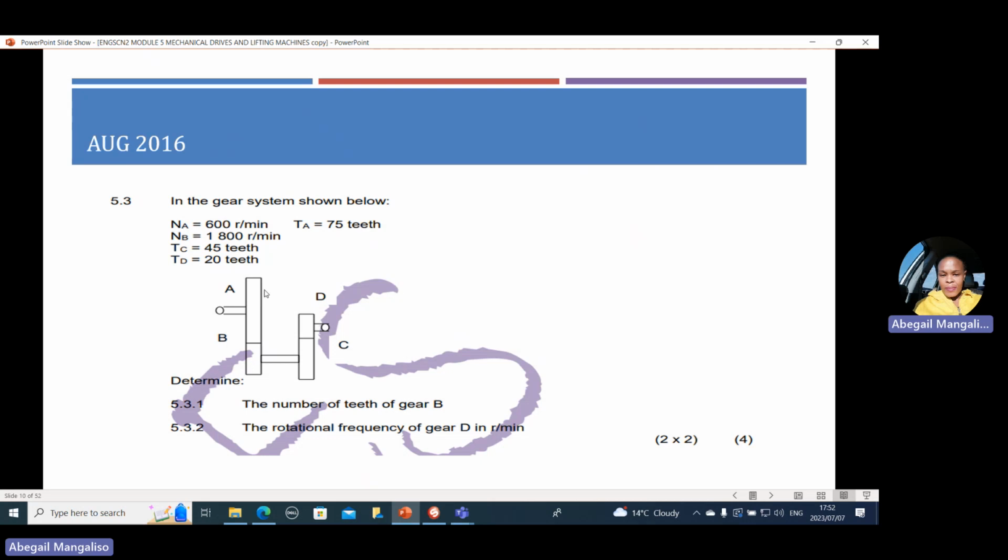B is driven by A and D is driven by C. So shaft A is the input shaft and shaft D is the output shaft.